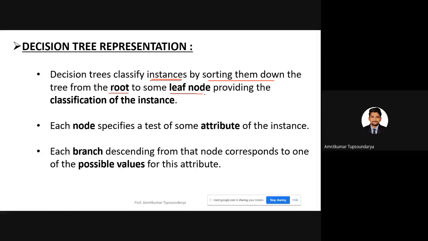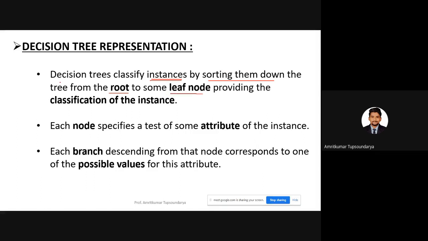Let's see how a simple tree looks. We have a root, followed by a set of nodes, and some of those nodes are the leaf nodes. This is how a simple decision tree can be represented.